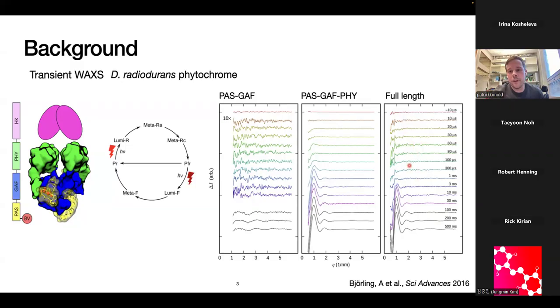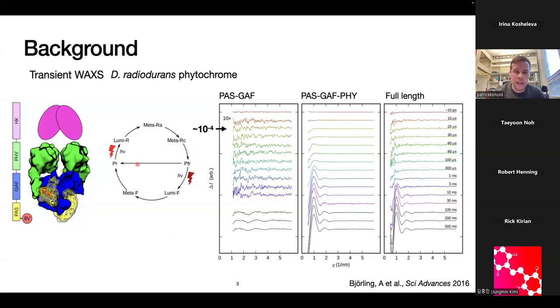In the full length structure you see a large structural response happening over many milliseconds, which is carried over into the PAS-GAF domain truncation. Then when we look at the smallest domain, you see very small changes, which are very difficult to resolve, although clearly occurring, because you see in the long time traces that there are some features. This is limited by the noise level of the experiment, which is typically on the scale of 10 to the minus 4.